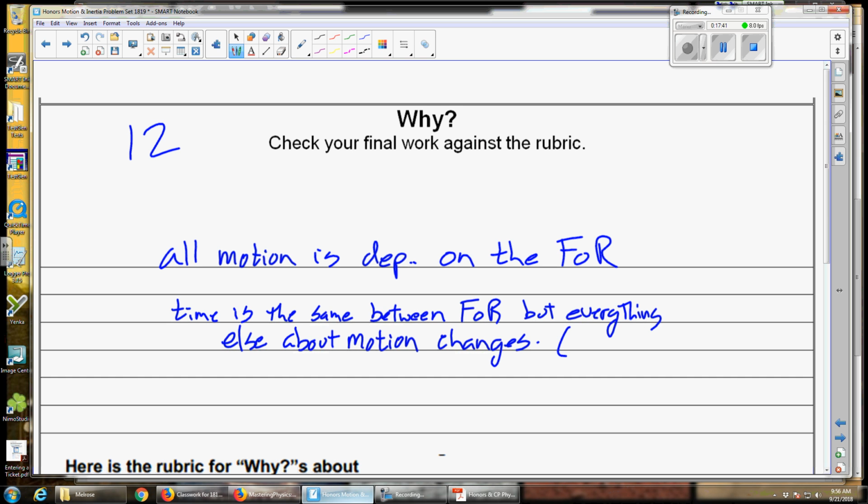And by that we mean velocity and displacement. Trying to think if there's anything else.